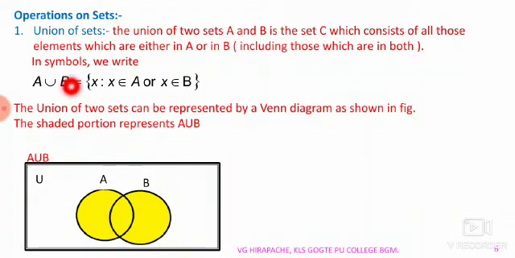Now A union B can be written as x such that x belongs to A or x belongs to B or x belongs to both the sets.